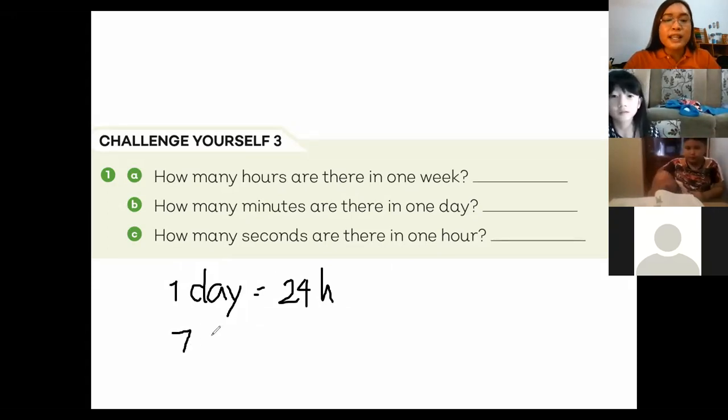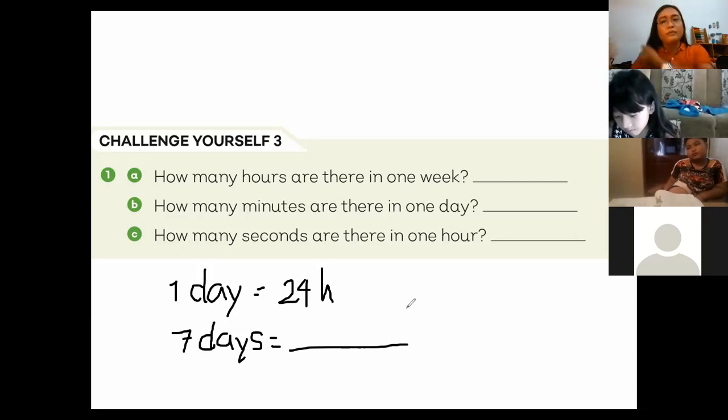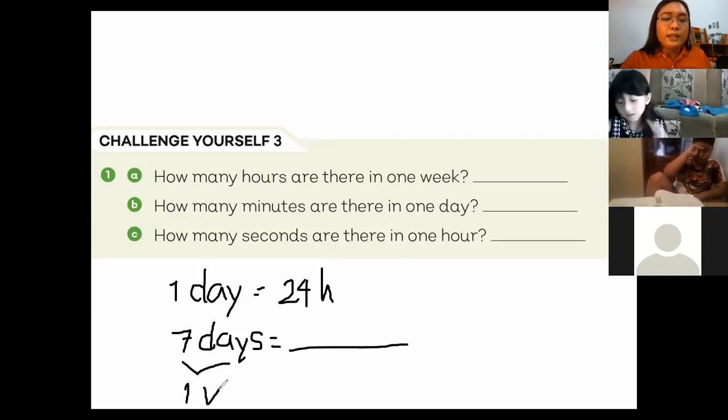How many hours in 7 days? Because in 1 week, there are 7 days, right? 7 days is equivalent to 1 week. So how many hours in 1 week or how many hours in 7 days?